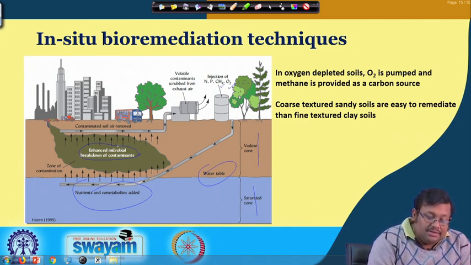Here we are using the indigenous in situ process, and you can see the microbes breaking down the contaminants, and ultimately the contaminated soil air is removed and the volatile contaminants are scrubbed from the enhanced exhaust air. So this is an example of how in situ bioremediation can help in remediating contaminated soils.